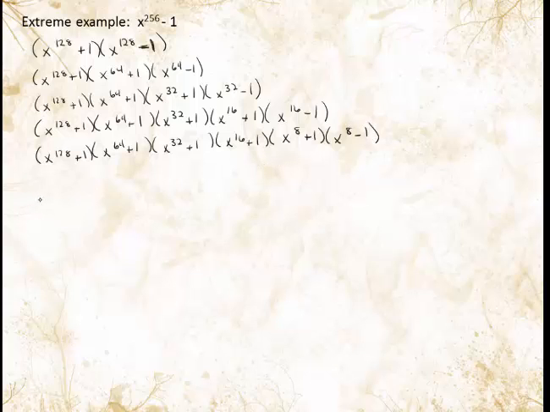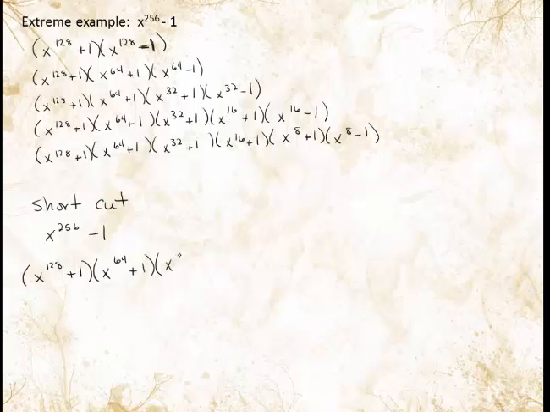Now I can keep doing this or I can take my shortcut. When you have an extreme example like this, okay, I have x to the 256 minus 1. That's a difference of squares. I take half, and I keep taking half until I can't take half again, because as you can see, I'm going half each time.